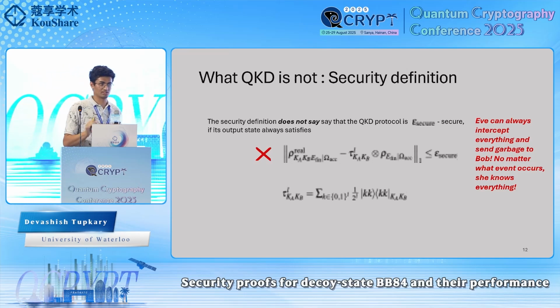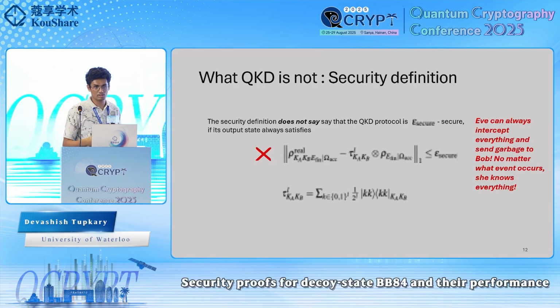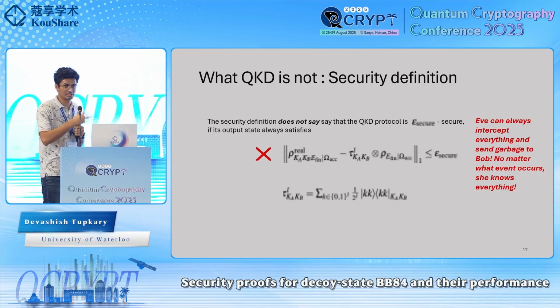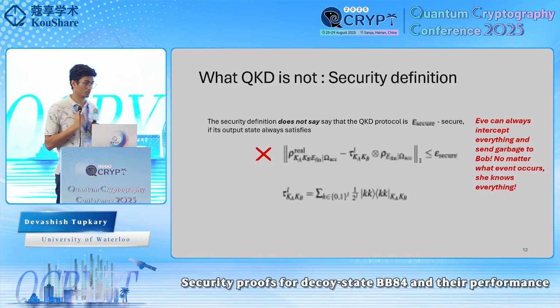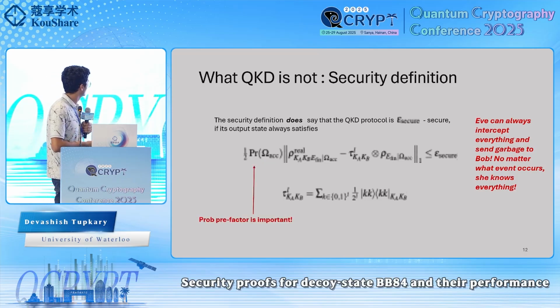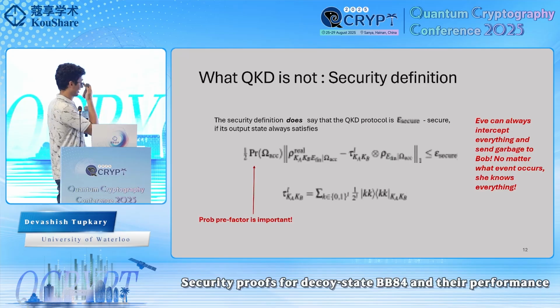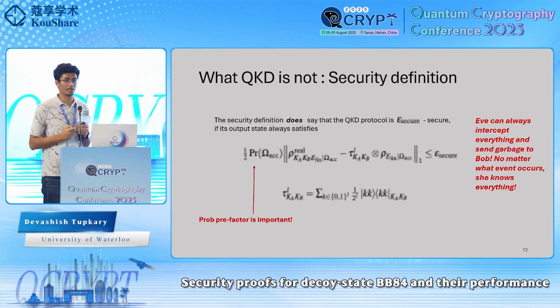Now, no matter what happens in the protocol, she has access to everything that Alice sent out. So she can do error correction, measurements, etc. the same way Bob would have, and she knows everything there is to know. Okay? So basically, this probability of accept prefactor that is present in the security definition is actually quite important.